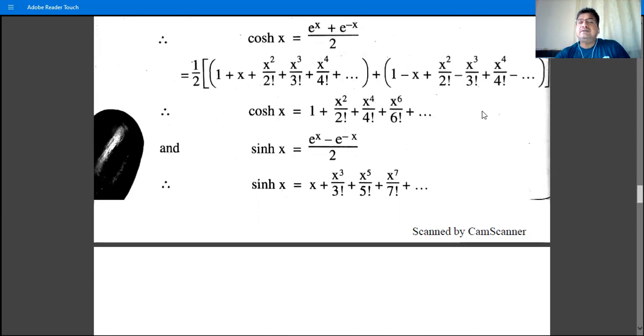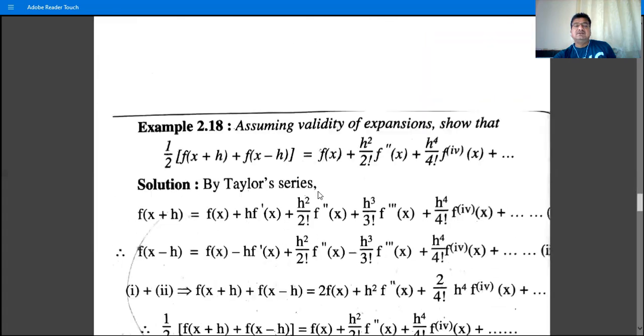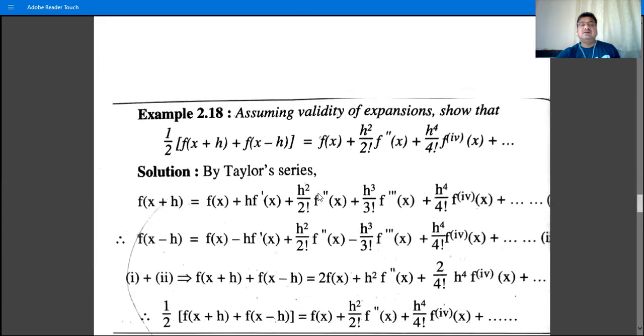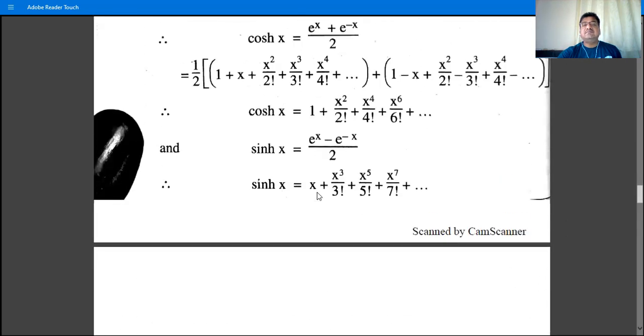In this way, 2x raised to 5 by 5 factorial, 2x raised to 7 by 7 factorial, and that 1/2 and 2 becomes 1, and therefore we have sine hyperbolic x as x plus x cube by 3 factorial plus x raised to 5 by 5 factorial plus x raised to 7 by 7 factorial as the expansion of sine hyperbolic x.